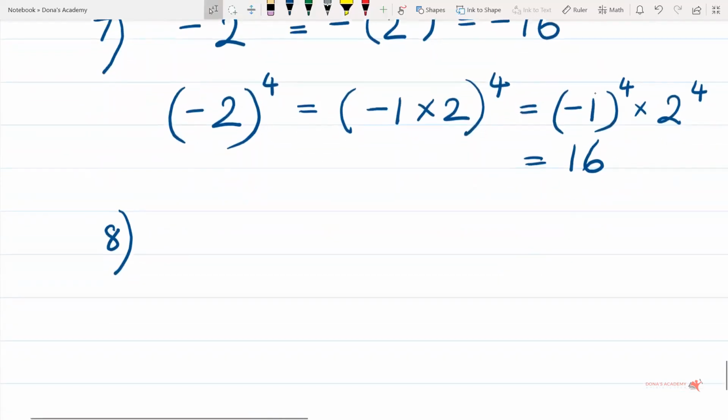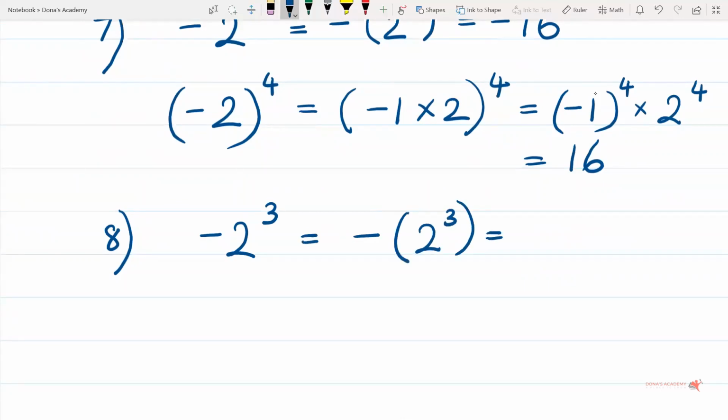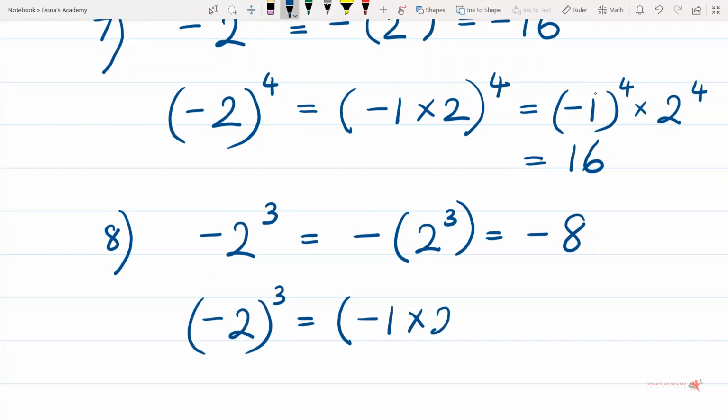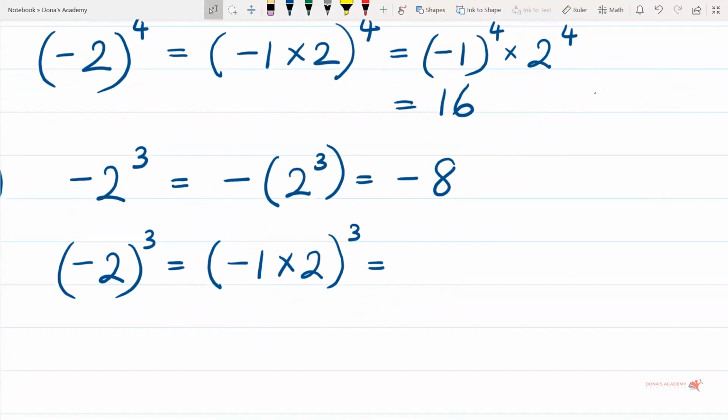How about odd powers? If I have this thing, now this is same as negative 2 to the power 3. This is negative 8. How about if I use parentheses? Now this is same as negative 1 times 2, to the power 3. So this is same as negative 1 to the power 3 times 2 to the power 3. Now what is negative 1 to the power 3? 3 is an odd power.